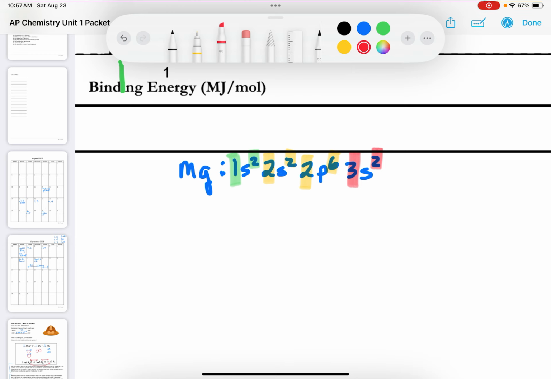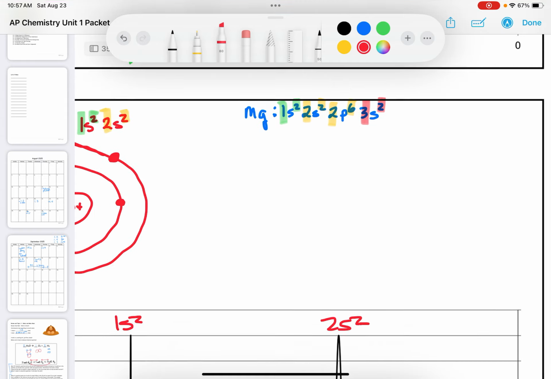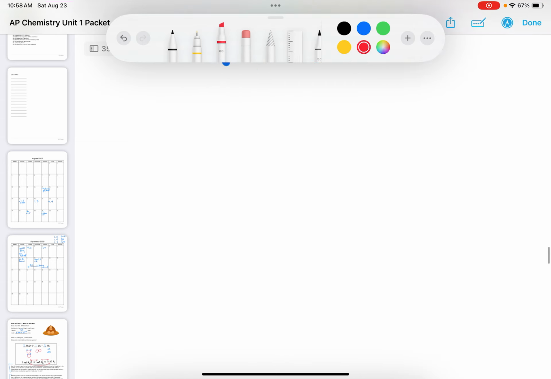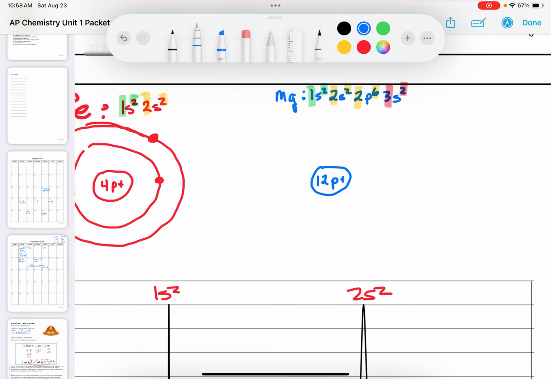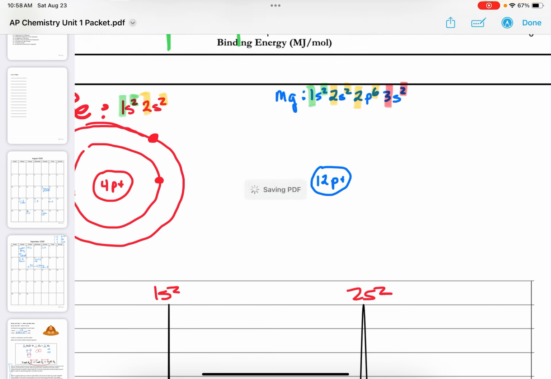The other thing is magnesium has an atomic number of 12. So that means there's 12 protons in this nucleus, okay? That's a lot more protons. So I'm going to draw these 3 energy levels, but I'm going to very strategically and purposefully draw these.